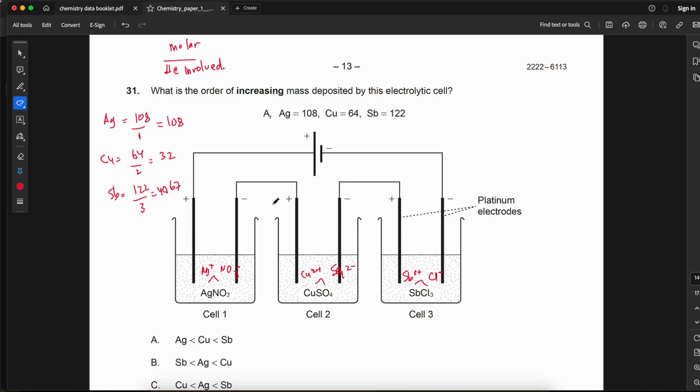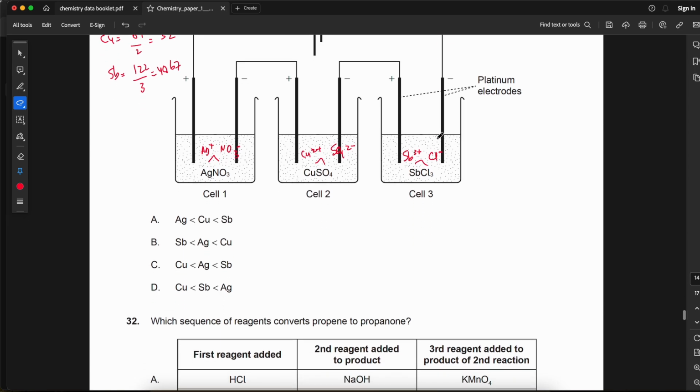So the smaller the equivalent weight, the greater the mass will be deposited. Therefore, Cu is smaller than Sb, which is smaller than Ag. So the answer will be D, because the mass of the substance deposited during electrolysis is directly proportional to its equivalent weight, or equivalent mass. So the smaller the equivalent weight, the greater the mass deposited, because the mass deposited is directly proportional to the quantity of electricity passed through the cell.